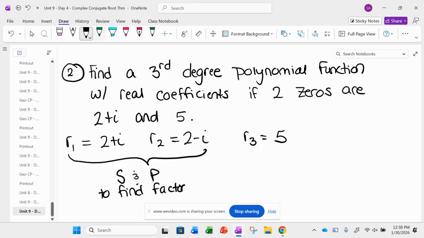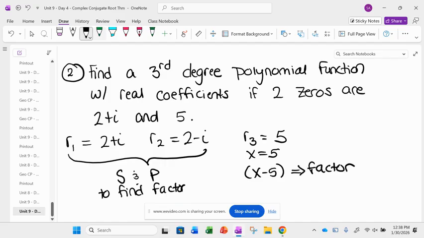I'm not going to use sum and product for this third root. First, I have nothing to pair it with. But secondly, if the root is 5, what's the factor that gives us 5? You got it. This means x equals 5. So the factor is x minus 5.